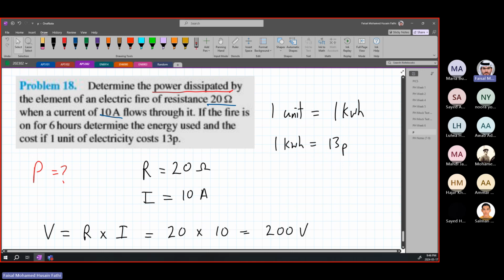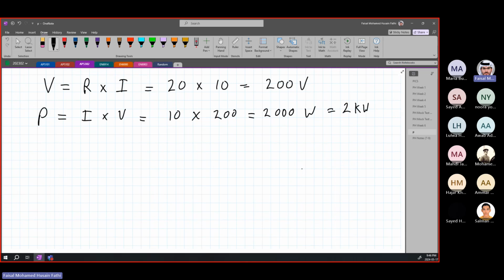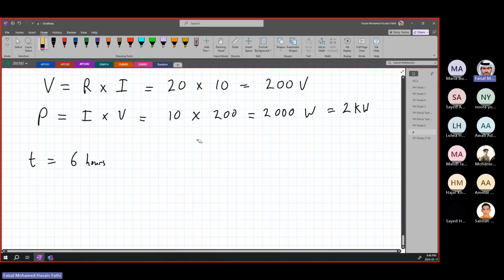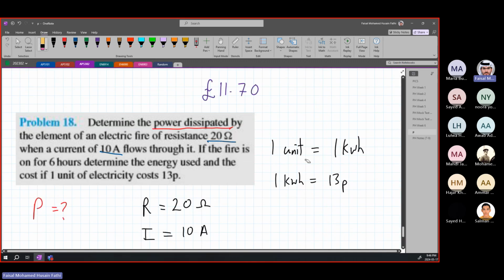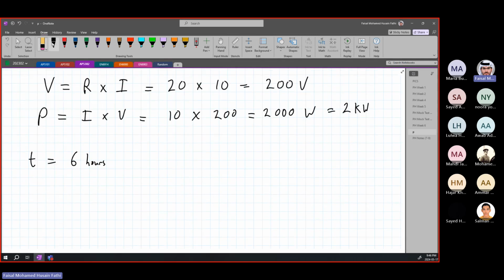So if the fire is on for 6 hours, we know the time is 6 hours. If we wanted to convert into seconds, oh, no need, actually. Because we want to find our final answer in kilowatt hours, we don't have to convert this into anything. We have our power in kilowatts as well, so we can use it in kilowatts, and we have the time in hours.